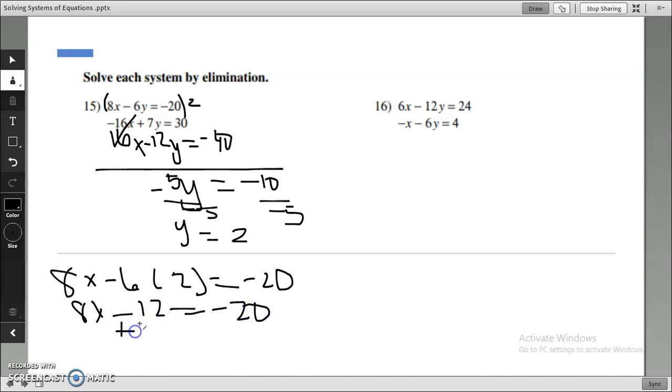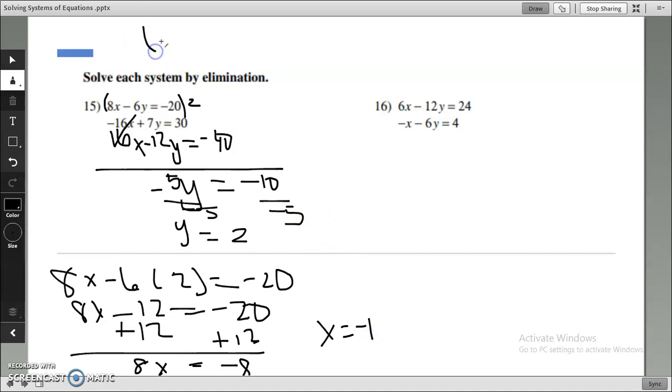I'm going to add 12 to both sides, and that gives me 8x equals negative 8. Divide both sides by 8, and I get x is equal to negative 1. So my solution for this one is negative 1, 2. Remember, my x value always goes first.